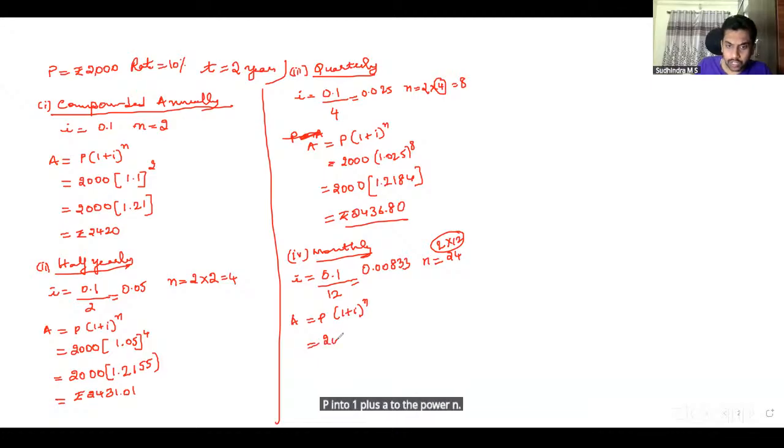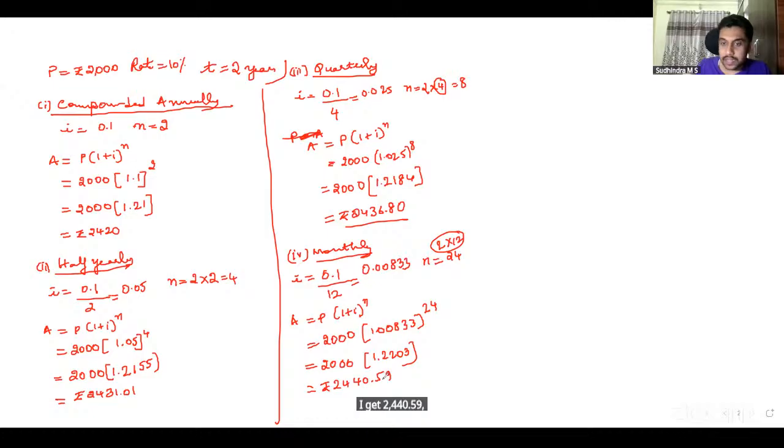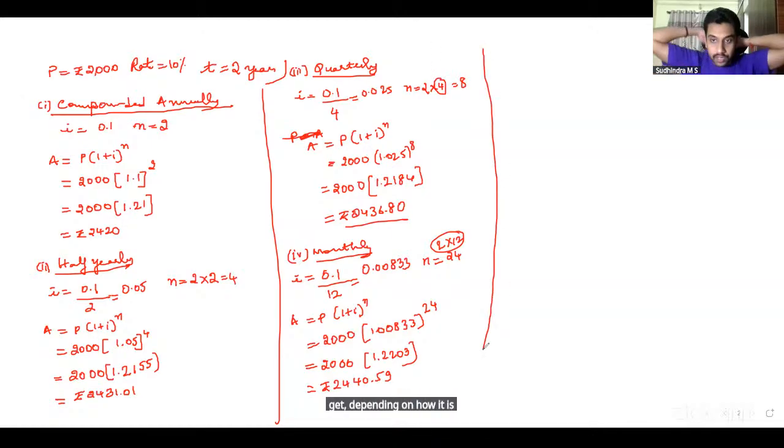P here is 2000 into 1.00833 to the power 24. That is about 1.2203. If I multiply it by 2000, I get 2440.59 somewhere. So these are the different amounts we get depending on how it is compounded.